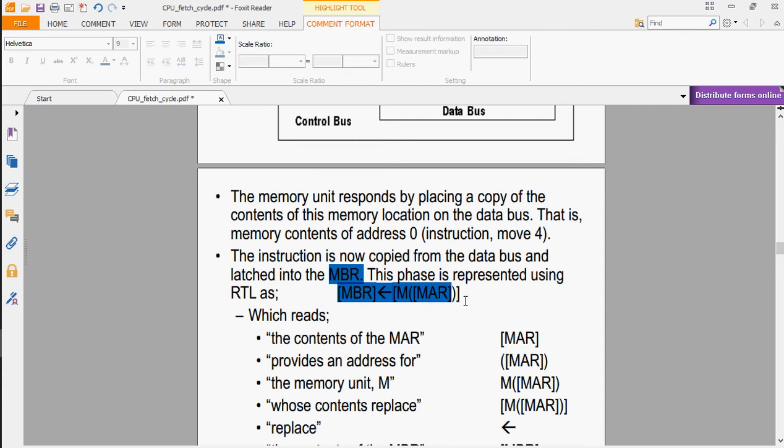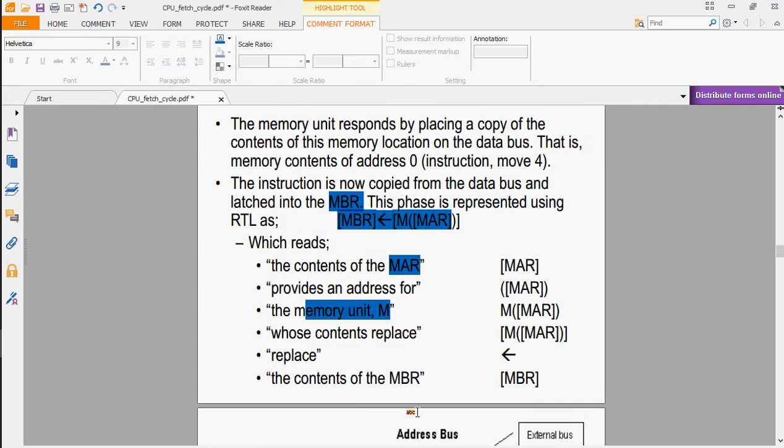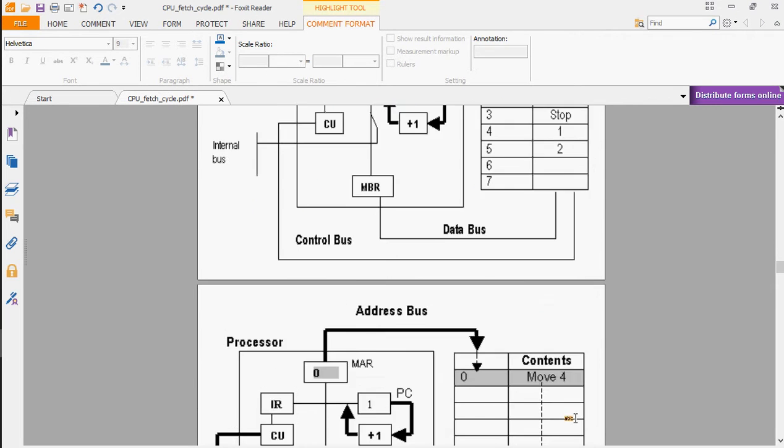The contents of MAR provide the address of the memory unit, and the memory content at that address is replaced into the MBR, the memory buffer register.